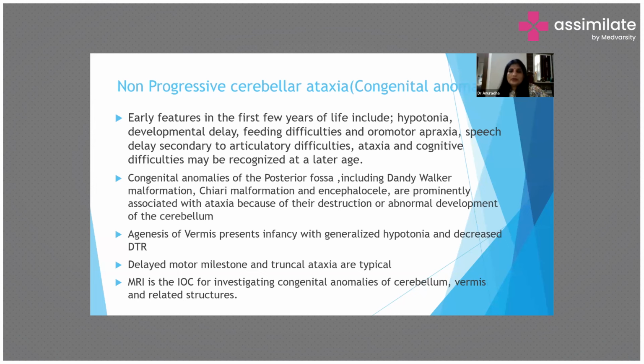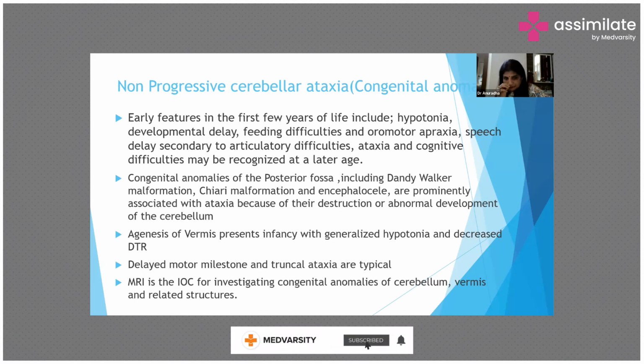Early features in the first few years of life include how the children present: hypotonia, developmental delay, feeding difficulties, oculomotor and oromotor apraxia, speech delay secondary to articulation difficulty, ataxia, cognitive difficulty at a later age. Congenital anomalies of the posterior fossa, Dandy-Walker, Chiari malformation, and encephalocele are prominently associated with ataxia.